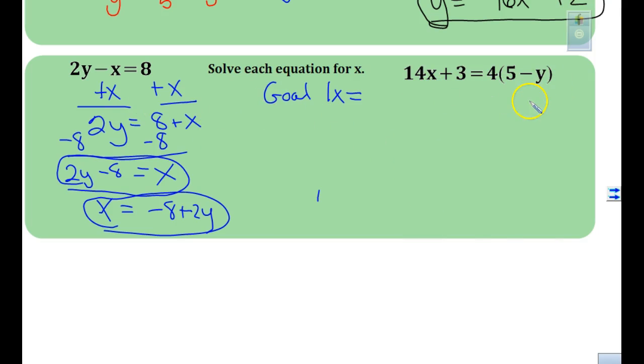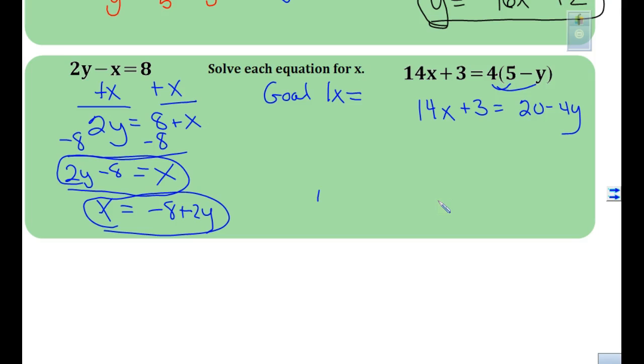Last one has distributive property. So, start us out. We have 14x plus 3 equals 20 minus 4y. I am solving for x. Next step as you look at it. What are we going to do? Add the negative.